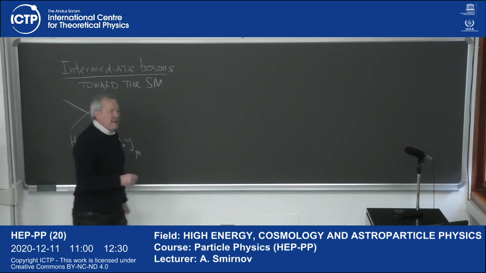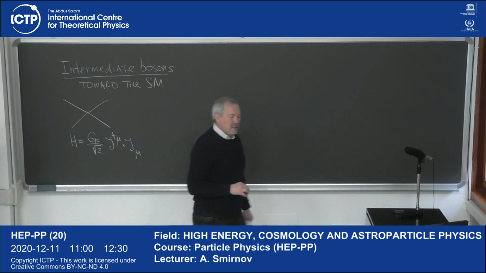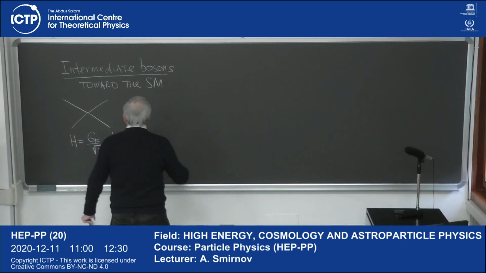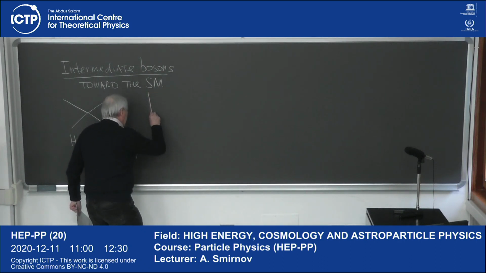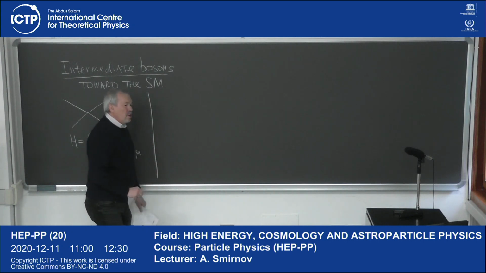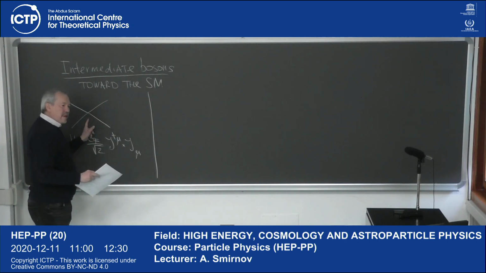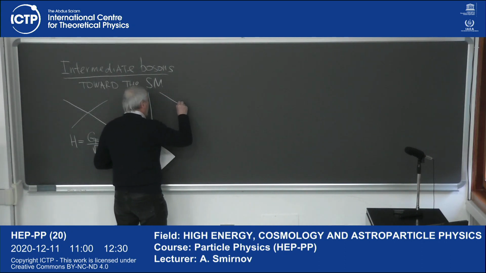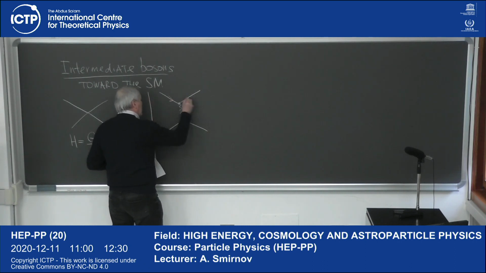And the currents are the sums of several terms, which include quarks and leptons. Now, I mentioned already that even Fermi saw that this is an effective interaction, and at a more fundamental level, there is exchange of intermediate bosons between two currents.